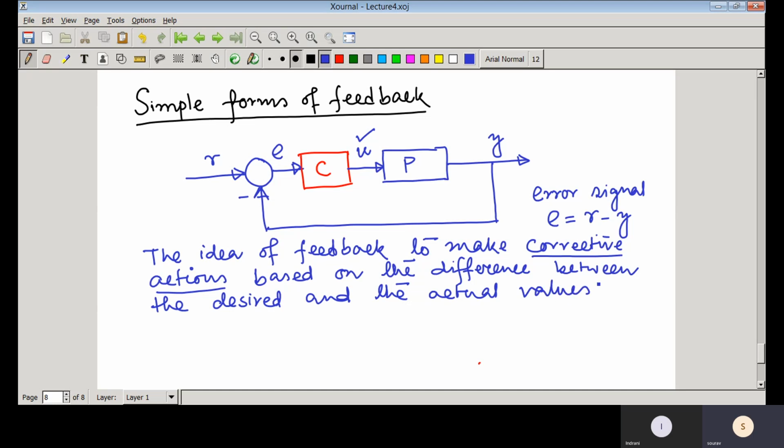Here R is the desired value and Y is the controlled output. So this difference is the error signal.